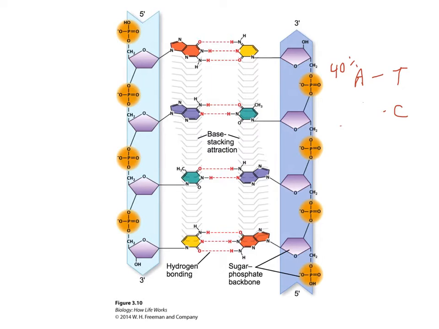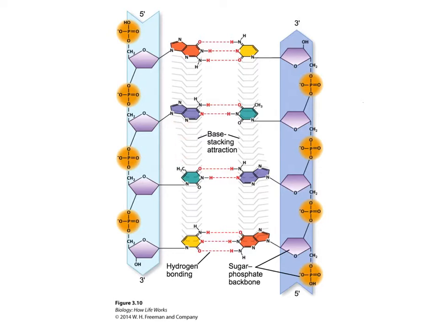So these strands run anti-parallel, and we have our bases towards the center, hydrogen bonding. We've got a G to a C here, A to a T, A to a T, G to a C. We have more hydrogen bonds between the G and the C. The other thing that occurs is that we have some hydrophobic interactions between the bases going in this direction because of the ring structures.